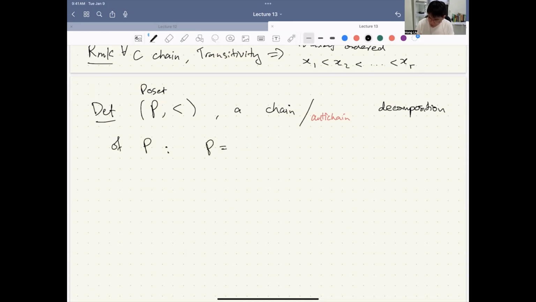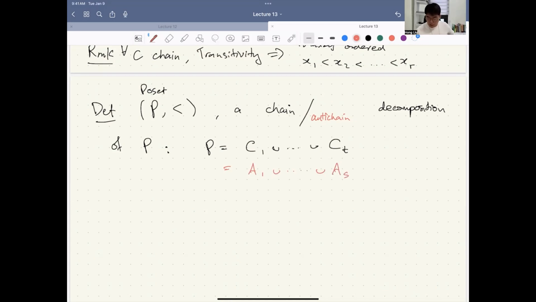is what? It's just you decompose the elements of P into disjoint chains or anti-chains respectively. So if it's chains, then let's say it's a disjoint union of C1 to CT, say. If it's anti-chains, you partition into a disjoint union of anti-chains, let's say S of them.